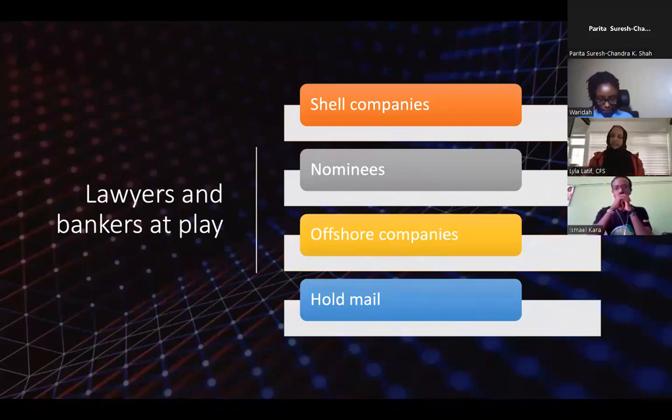The client isn't named among the company's directors. The company's directors are instead nominees who are supplied by the lawyer. Or the lawyer will set up an offshore company in such a way that it is owned by another offshore company.